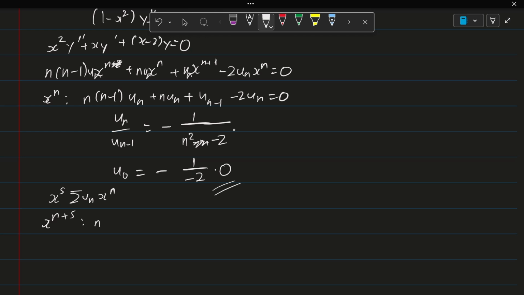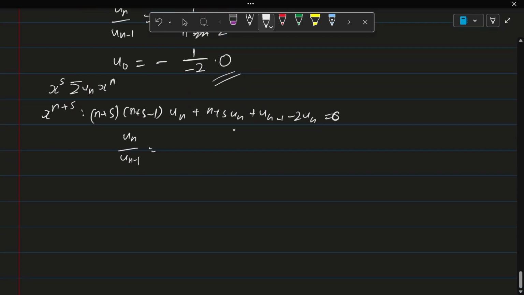The coefficients will become (n plus s minus 1) u_n plus (n plus s) u_n plus u_{n-1} minus 2 u_n equals 0. If you take the ratio now, it's going to be the negative 1 over (n plus s) squared minus 2.